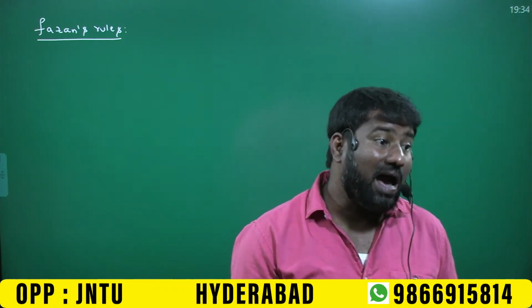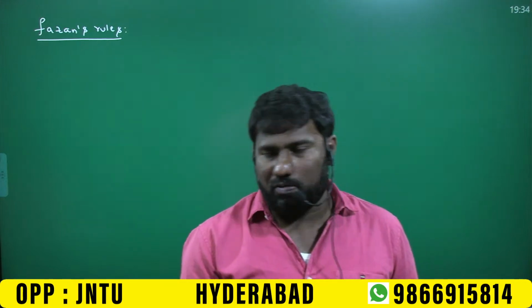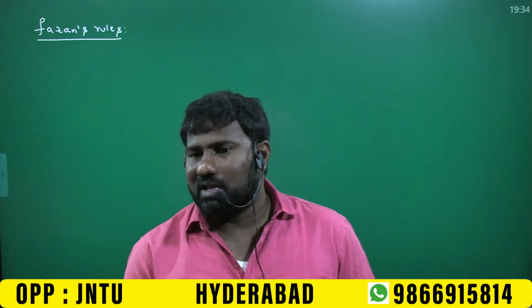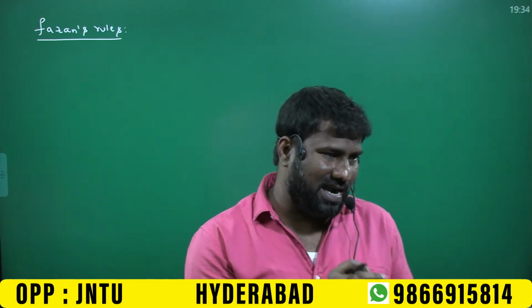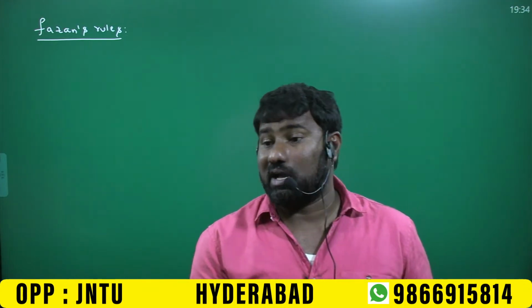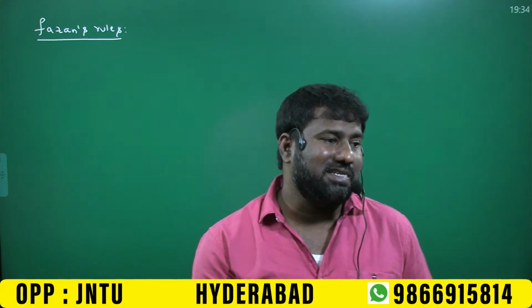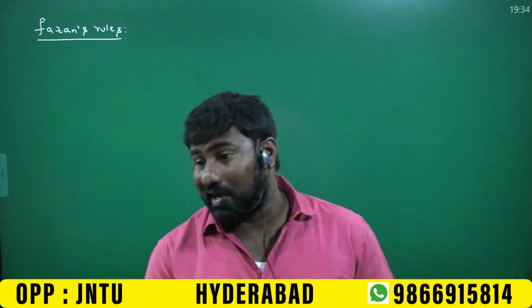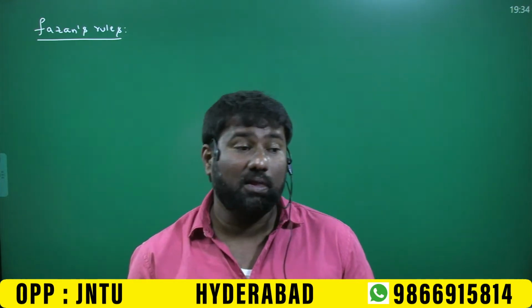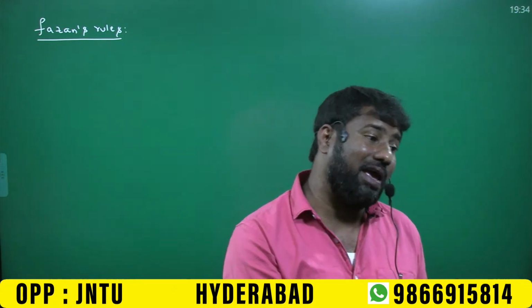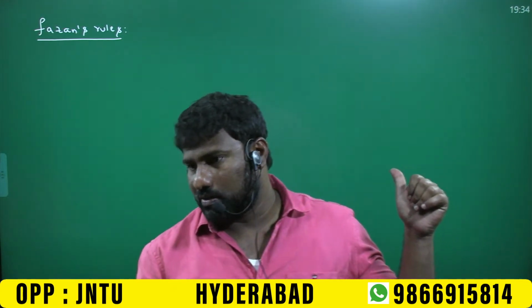But ionic compounds are never considered 100% ionic in nature. Each ionic compound contains a certain percentage of covalent character. So to explain the covalent nature of an ionic compound, we use Fajan's rules.